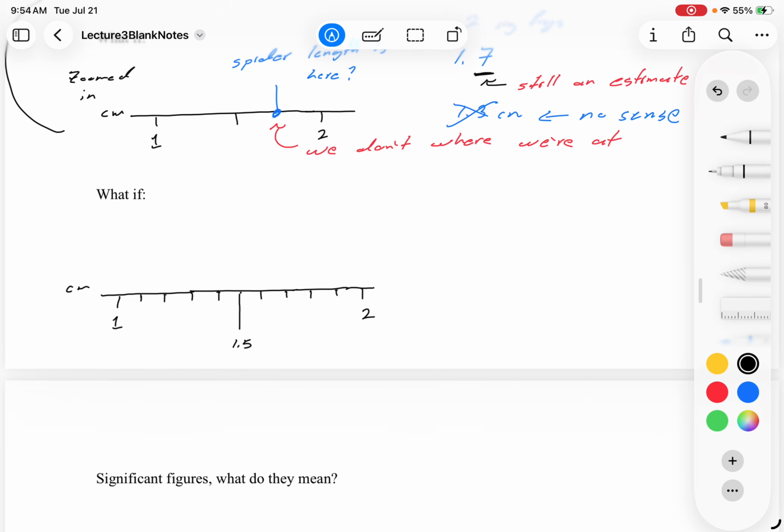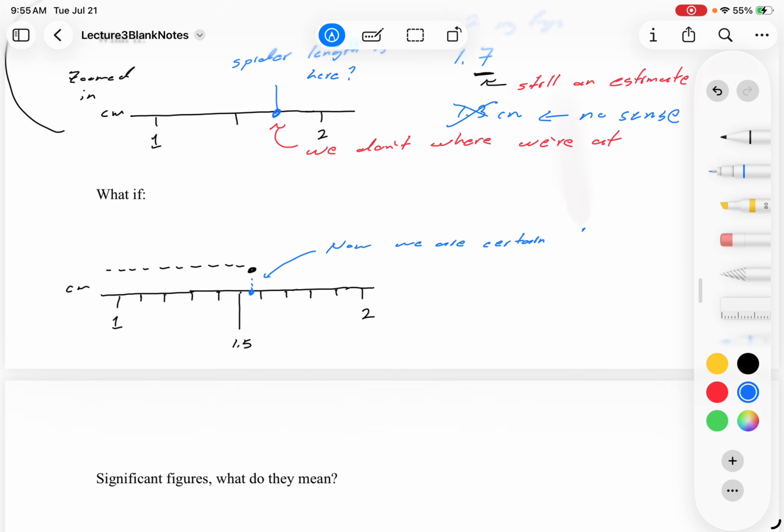2 centimeters, right? So what if we have this ruler now? And what if the length of our spider lands here? Right here. Okay, so now we are certain. What are we certain of?